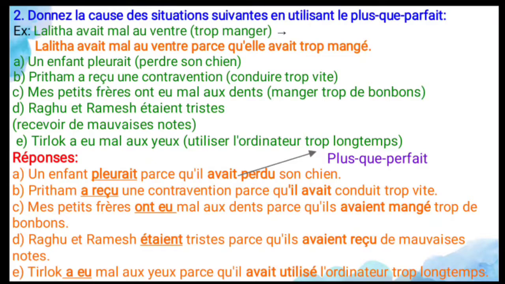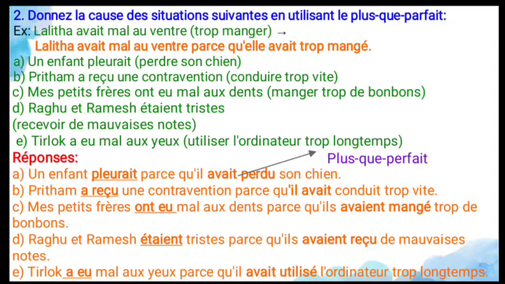Eat a lot. And the answer: Lalita avait mal au ventre parce qu'elle avait trop mangé. So Lalita had a mal au ventre, it's a stomach pain. Why? Because she ate a lot, so she had a stomach pain. So you have to do this exercise like this only.